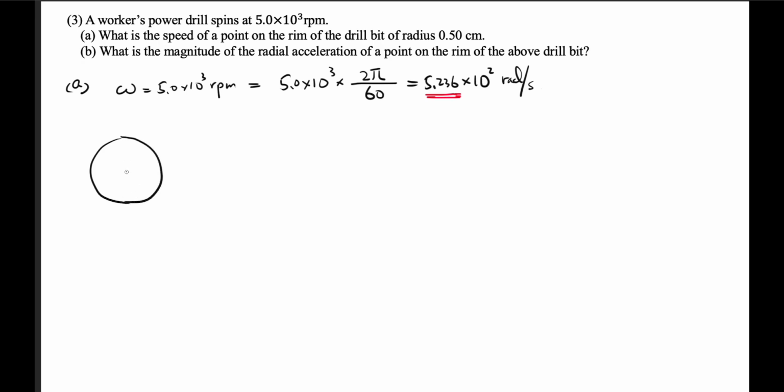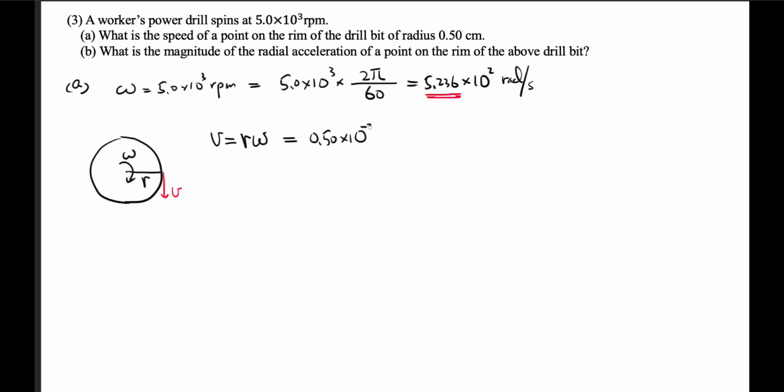That's the drill bit, and radius is r, and then it rotates with omega angular velocity, and then we want to calculate the speed at the rim. Okay, so according to the linear and angular velocity relation, we know v equals r omega. r is 0.5 centimeter.